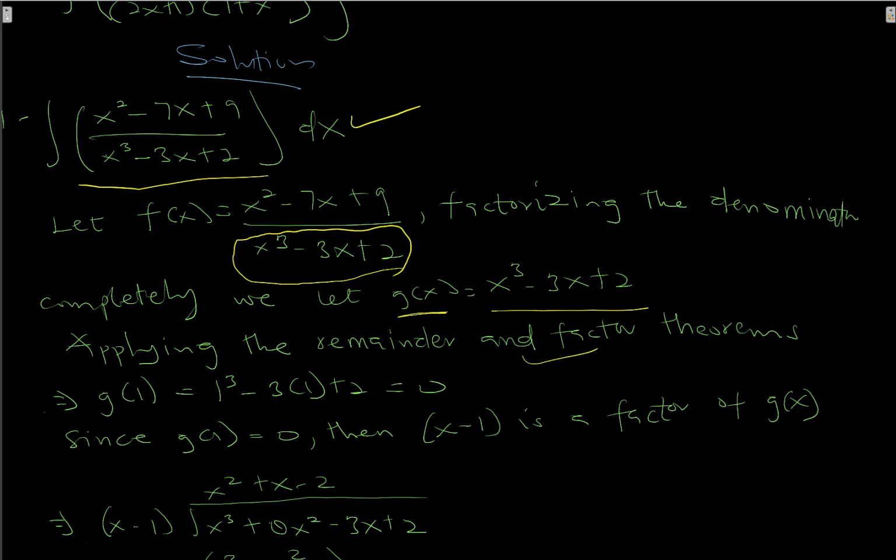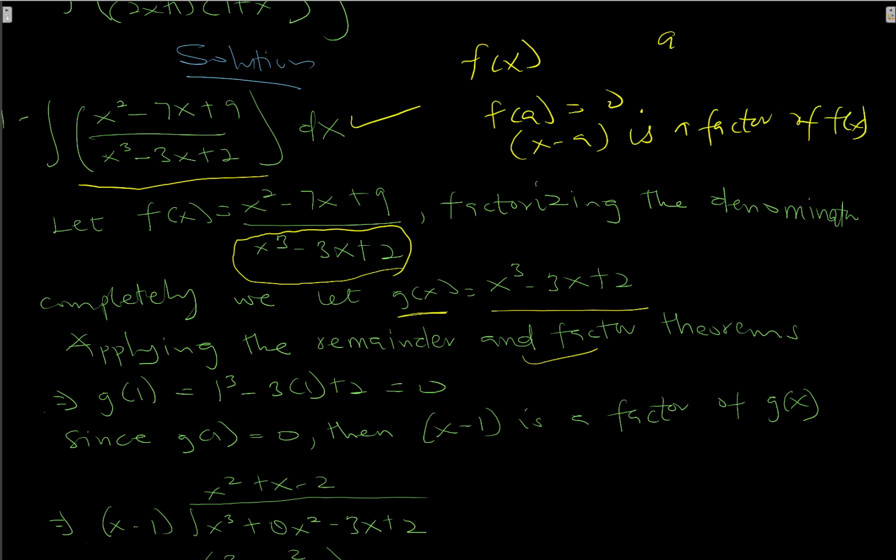The factor theorem states that when you have any function f of x and you choose any constant a, then if f of a is equal to 0, then x minus a is a factor of f of x. We are going to apply this basic concept in factorizing our function g of x completely.